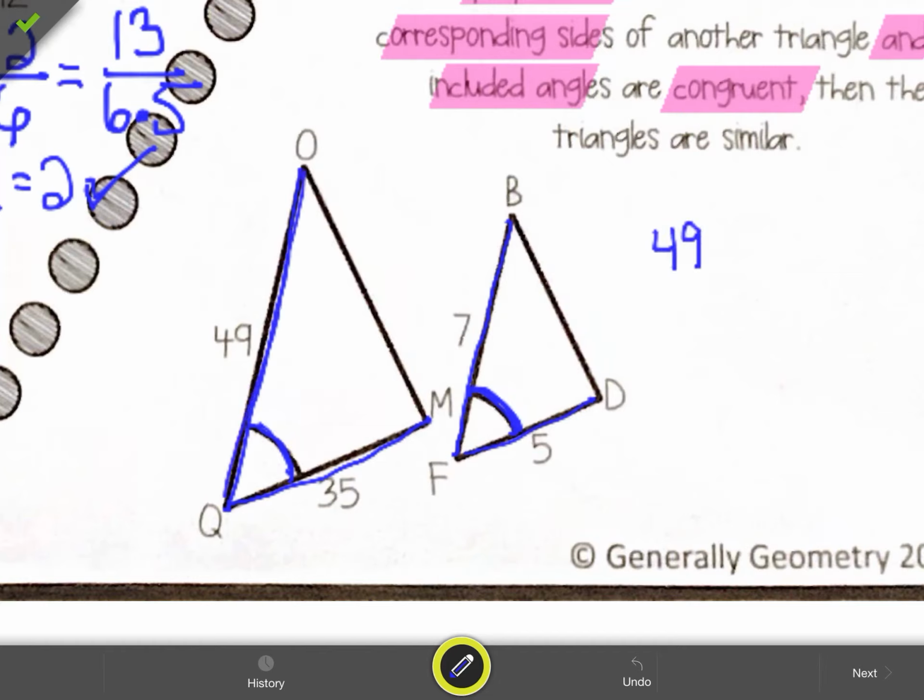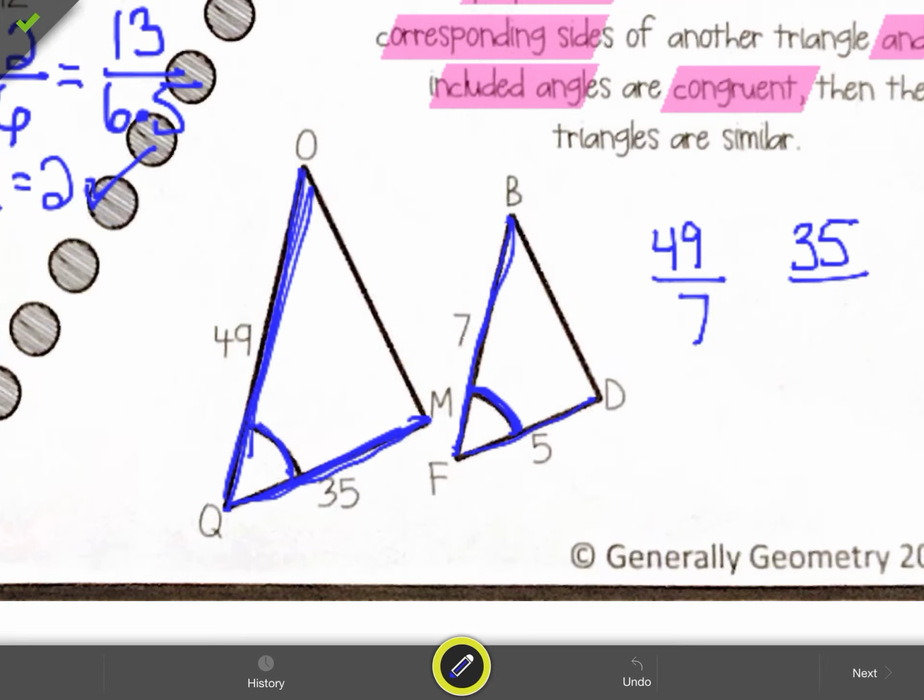So I got 49, which is the longest side of my big triangle. What does that correspond with in my smaller triangle? The longest side would be 7. Good. Okay, again, since I started with my big triangle, I need to go to 35 now.